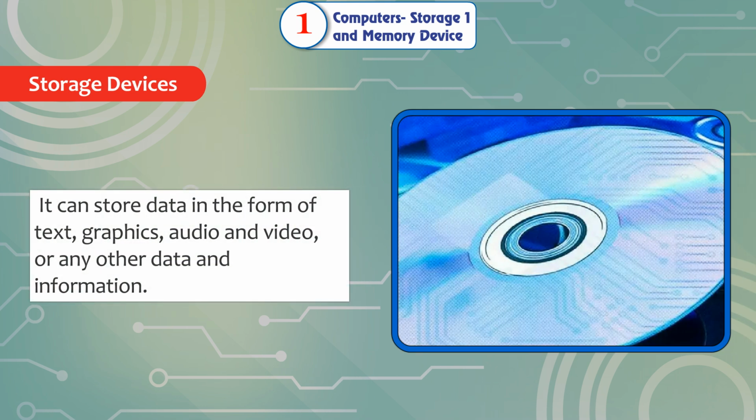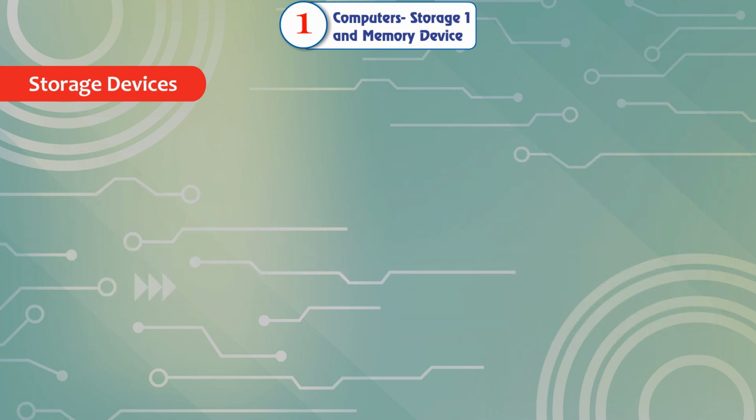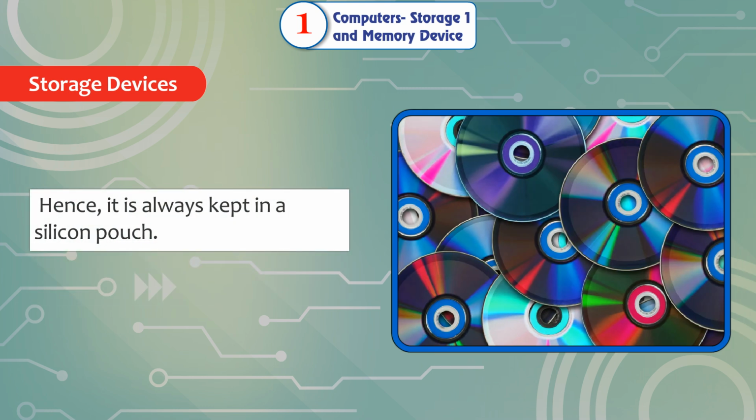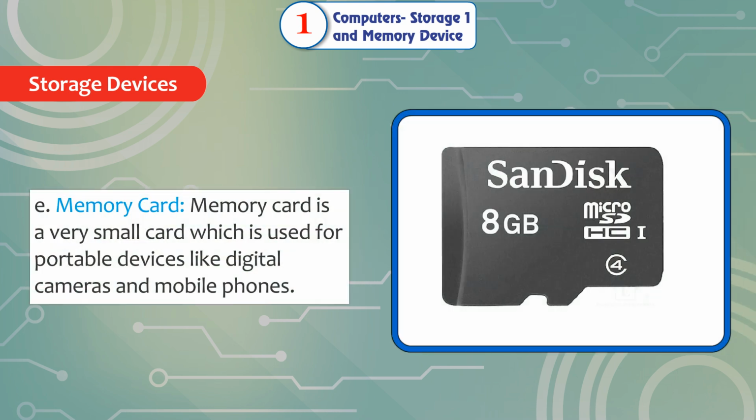It can store data in the form of text, graphics, audio and video or any other data and information. It is portable in nature and needs to be handled carefully because a single scratch can destroy the data. Hence, it is always kept in a silicone pouch.